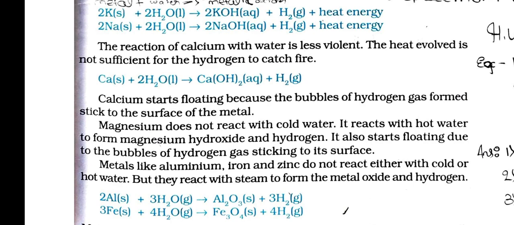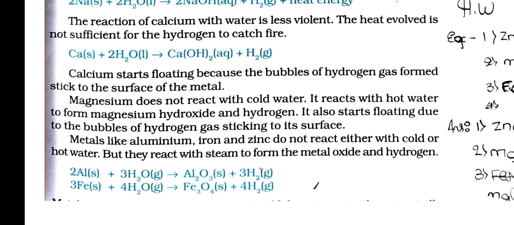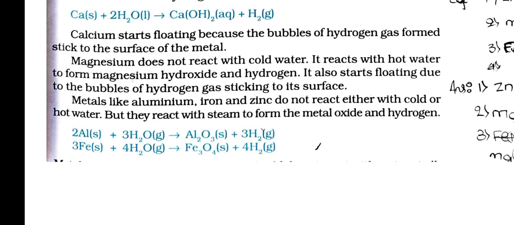But when we move to the calcium, calcium is little bit less violent compared to potassium and sodium and forms the calcium hydroxide, but there will be bubbles of hydrogen gas and the calcium pieces will be floating along with the bubbles because the bubbles make it lighter. Magnesium does not react with the cold water. It needs hot water to react because it is lesser reactive compared to the above three.